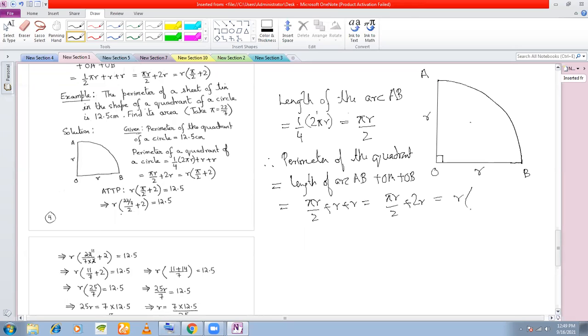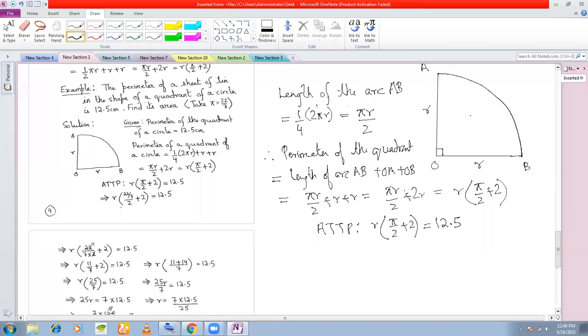And now you can take r common to get pi by 2 plus 2. Okay, this is the perimeter. According to the problem, perimeter is given to be 12.5. So therefore r into pi by 2 plus 2 must be equal to 12.5.